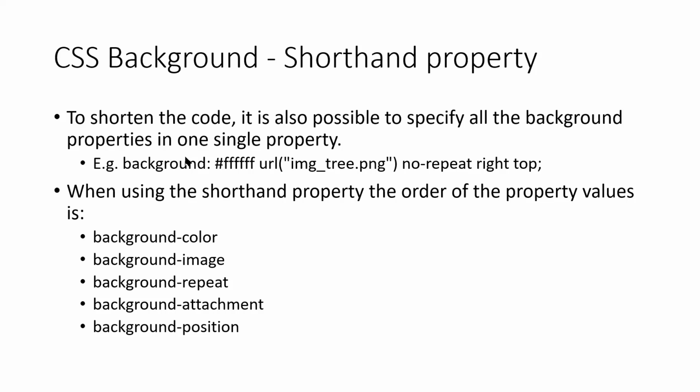Instead of just saying background-image URL, background-repeat, you can just say background, and then specify in order: this is color, this is image, this is repetition, attachment, and position. Everything you can put in here.